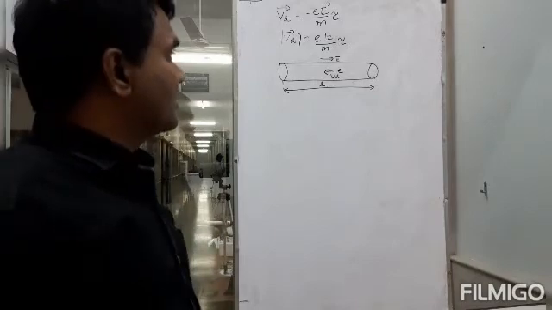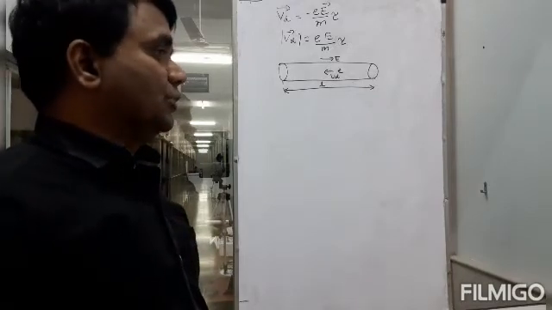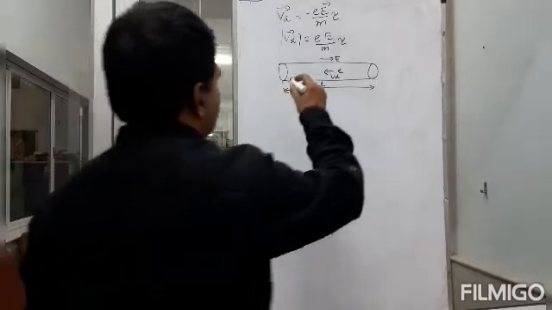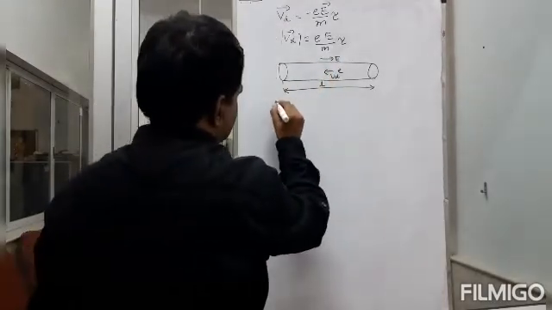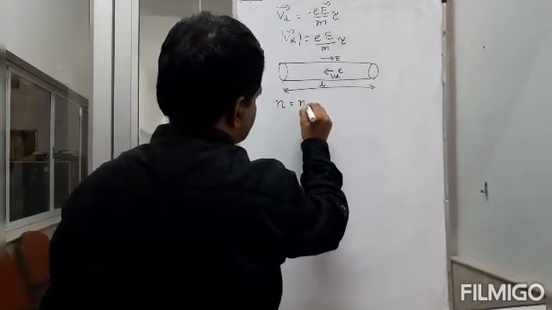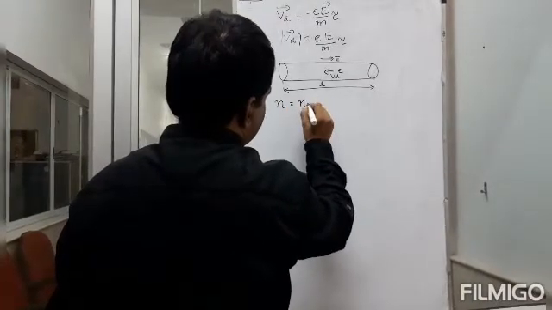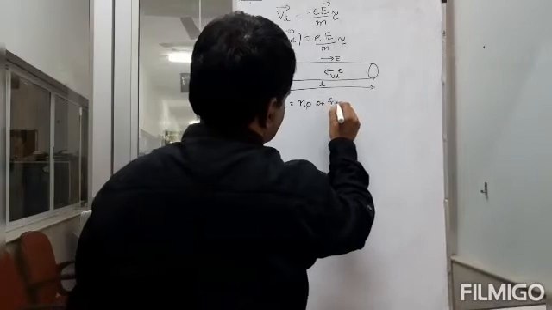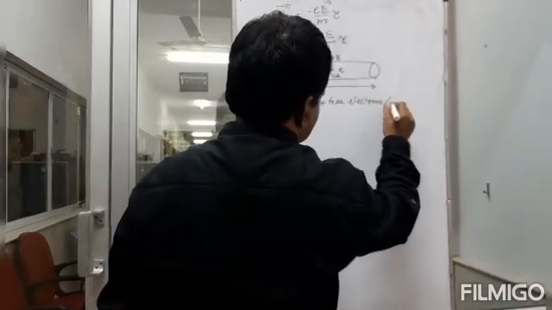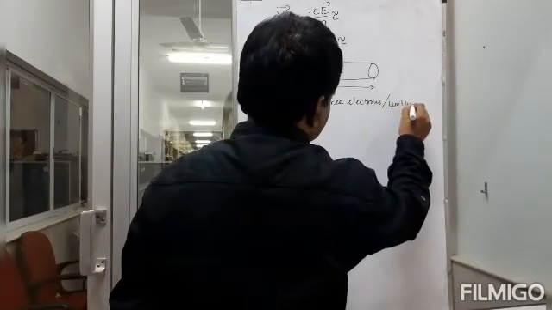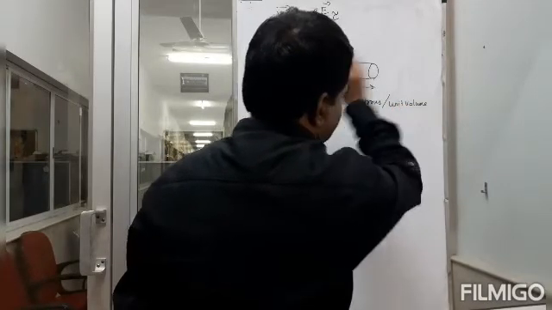Well, I can do this. Let us suppose n is the number of free electrons per unit volume of the conductor.